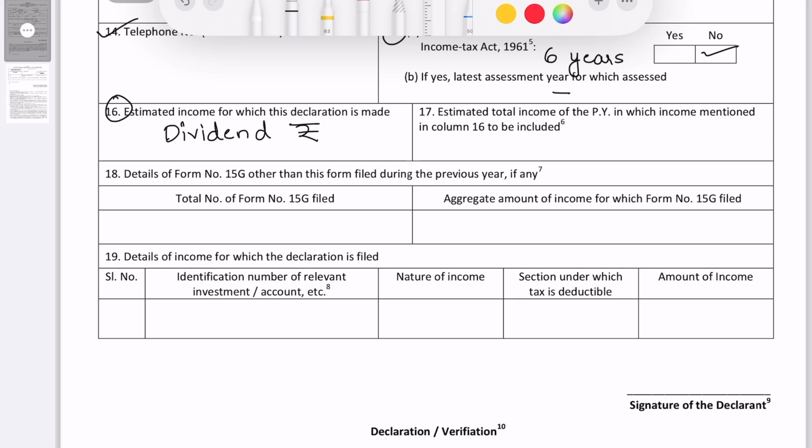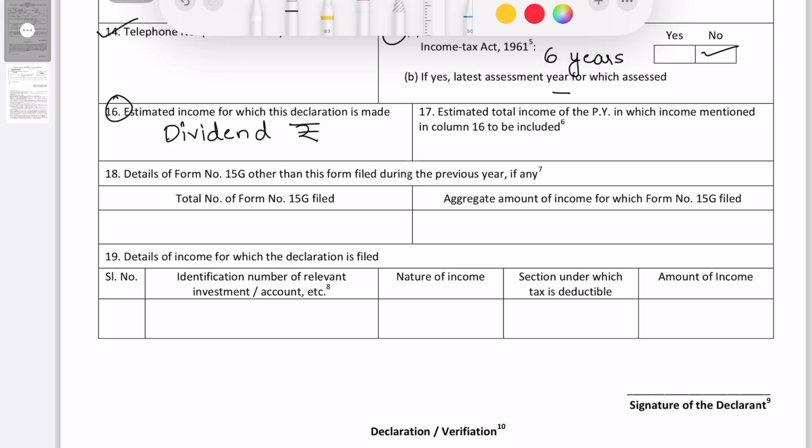Now it is an important point to note that usually if your dividend payout is not more than 5,000 rupees, the companies as it is do not deduct TDS. All right. However, there are some companies who still deduct TDS at whatever prescribed rate, depending on whether your PAN details are available with them or not, etc. So there are instances when even when the dividend amount is less than 5,000, TDS does get deducted.